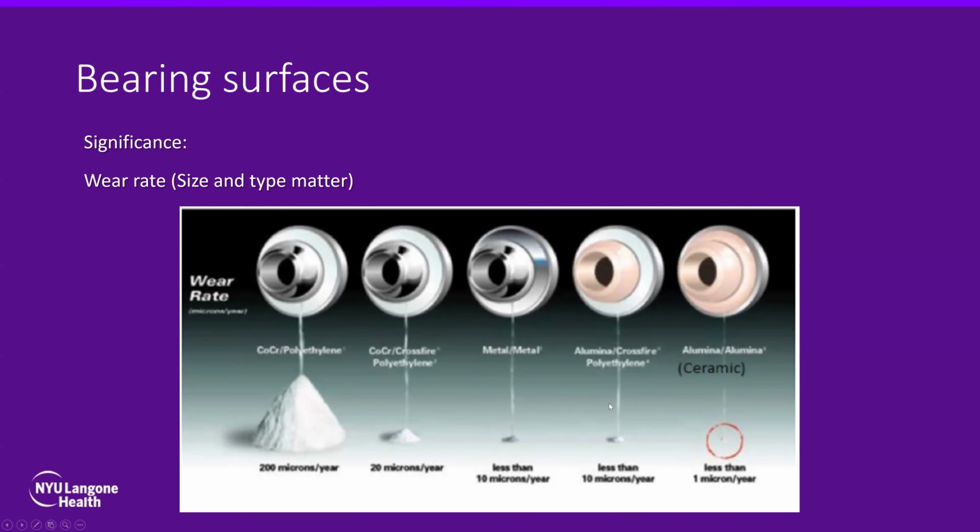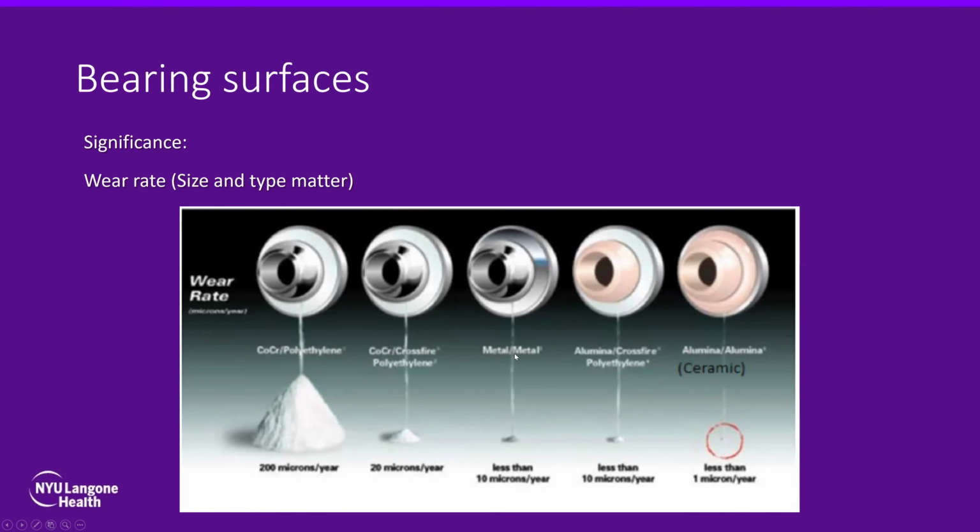For example, ceramic on ceramic is the best one, and the worst one is probably metal on plastic. Nowadays, the quality of the plastics is much better, so maybe it's not as bad as we see in this picture, but it's nice to know what kind of bearing surfaces we deal with.